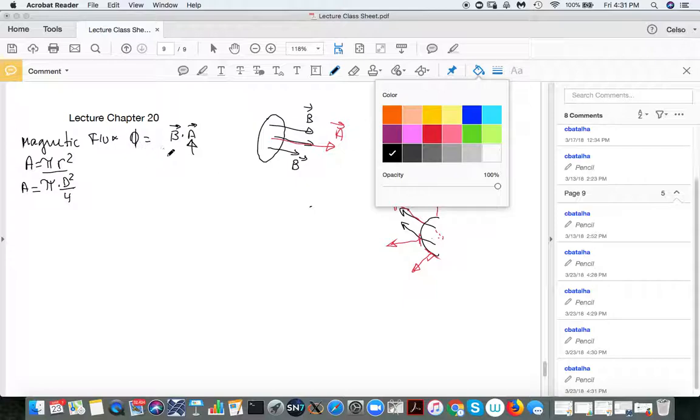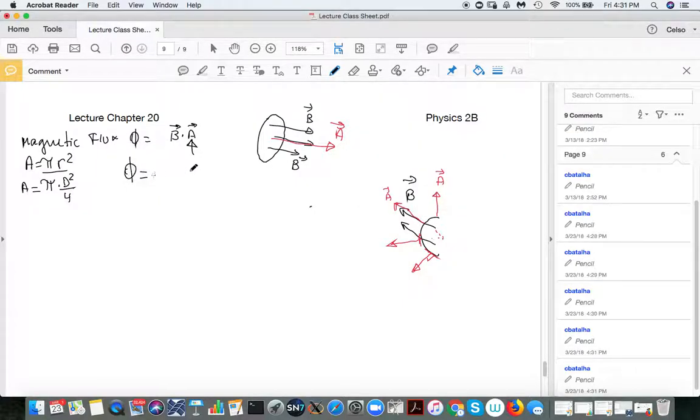So that is a dot product, and as seen previously in physics 2A, a dot product can be broken down into the product of the magnitudes of the two vectors times the cosine of the angle between them. In my example over here, the angle is 0, because vector B and vector A have the same direction.